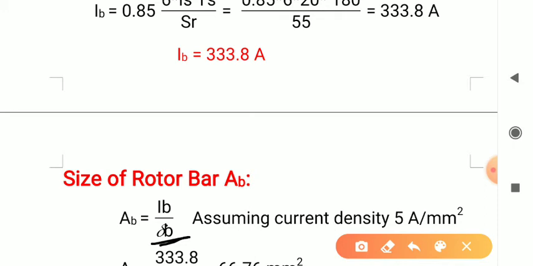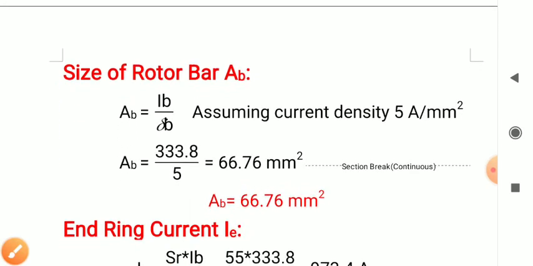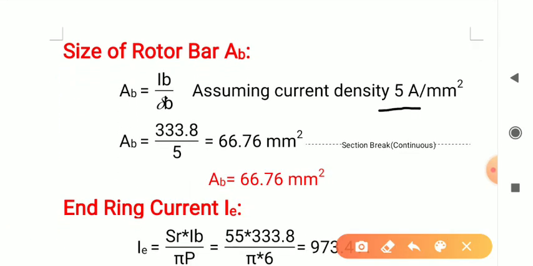So let me assume the current density as 5 ampere per millimeter square. Then the size of the rotor bar is IB, that is 333.8, divided by the current density 5 ampere per millimeter square, which gives 66.76 millimeter square. So this is the size of the rotor bar at the assumed current density.